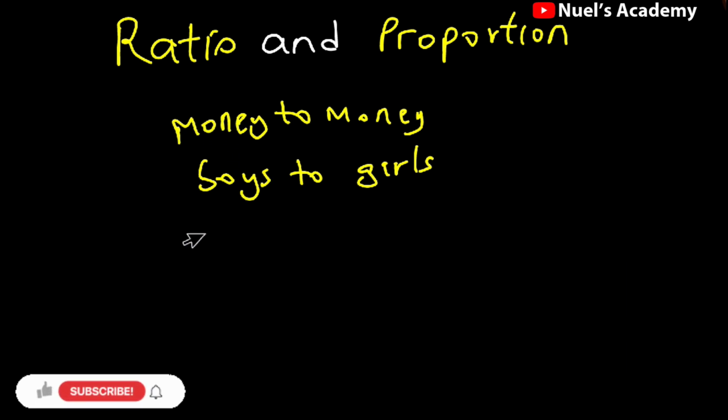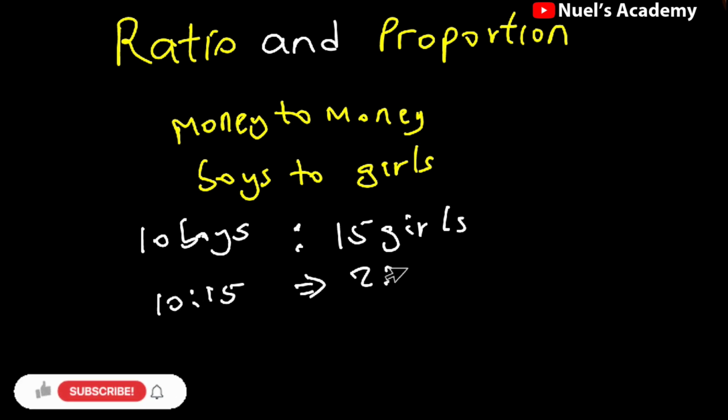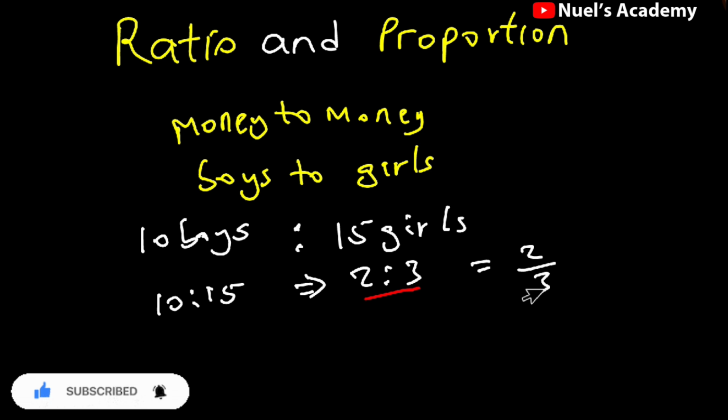So let's take for instance, if a class has 10 boys and 15 girls, here the ratio of boys to girls is given as 10:15, which is 2:3 in a simplified term, because 10 divided by 5 is 2, 15 divided by 5 is 3. So this can also be written as 2/3. So the ratio 2:3 can also be written as 2/3.